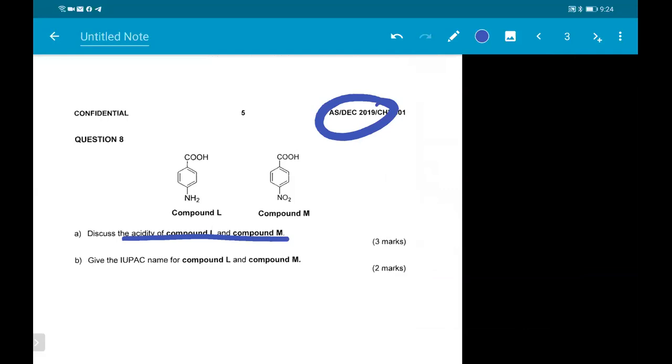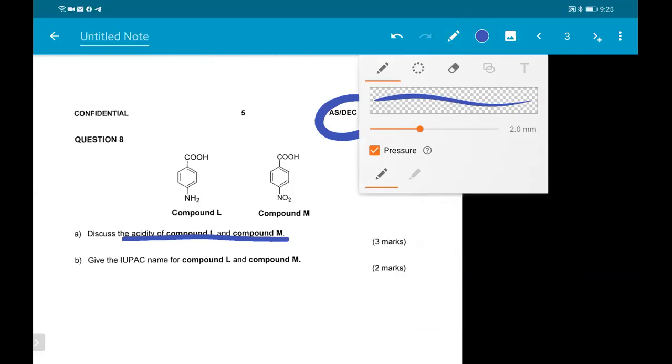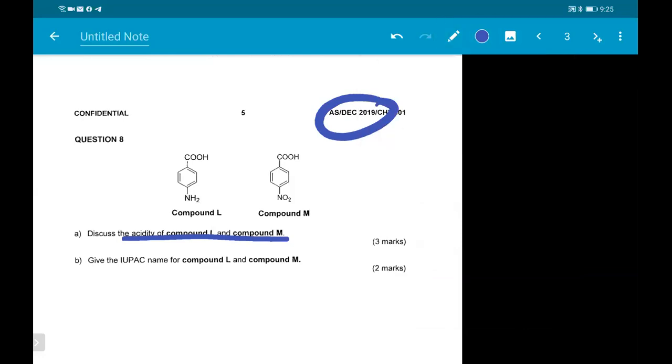Cuma in general, for this question, you are given 2 compounds, compound L and compound M, right? They have the similar structure, which both of them consist of apa tu? Yang saya bulat tu apa nama dia? Tolong kongsi. Tolong jawab.